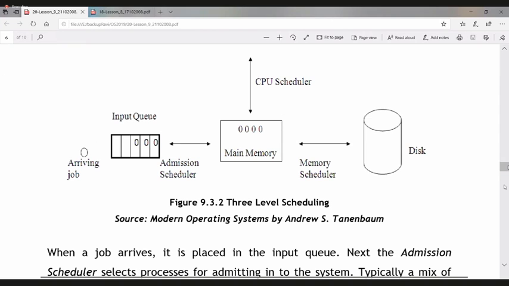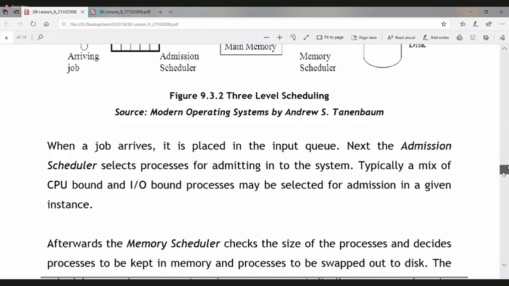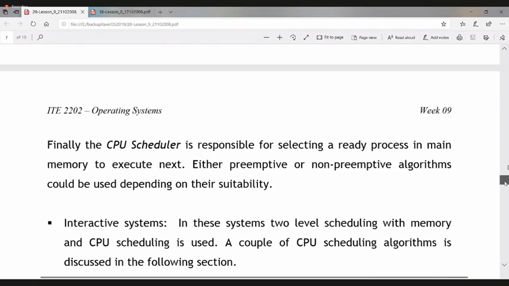So you have to double-check from time to time. Finally, the CPU scheduler is responsible for selecting a ready process in main memory to execute next. It may use any of the above methods, either preemptive or non-preemptive algorithms, depending on their suitability.